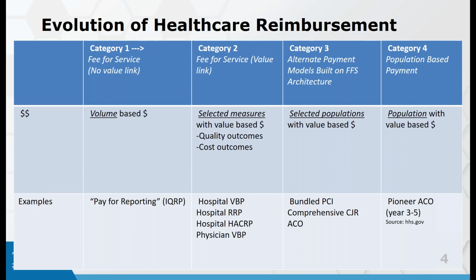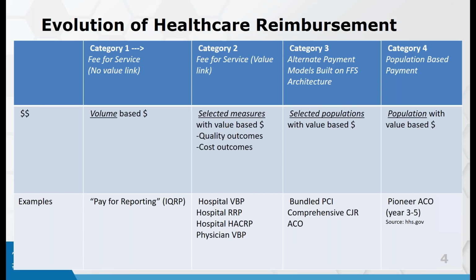And now we're into pay for reporting. We're moving from pay for reporting, where we started reporting on quality measures, to actually getting paid based on value. As you work your way across this slide, you can see that we're in category 2, and in some cases the category 3 payment system, where everything is based on value and quality, not just getting paid for treating a body.